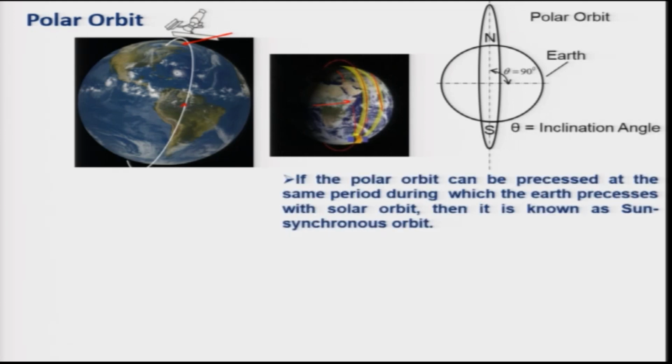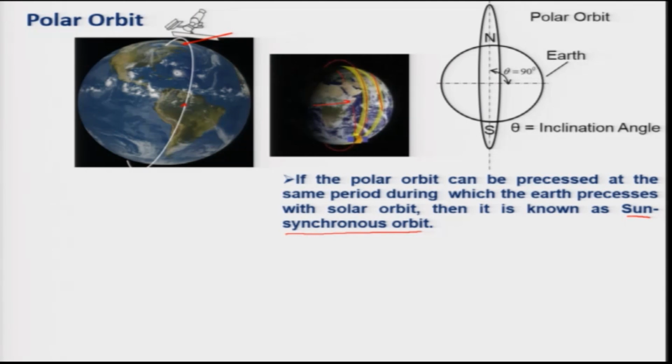If this polar orbit can precess at the same period during which the earth revolves around the sun, then it is known as the sun synchronous orbit. That means it is synchronized with the sun such that the satellite will be looking at the earth when it is illuminated with the sun rays all the time.